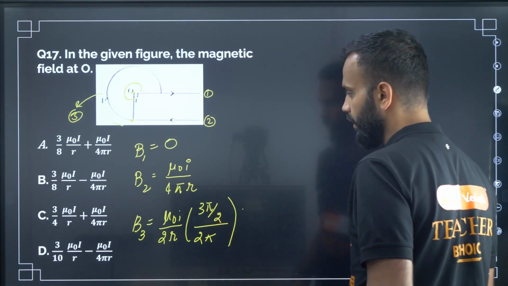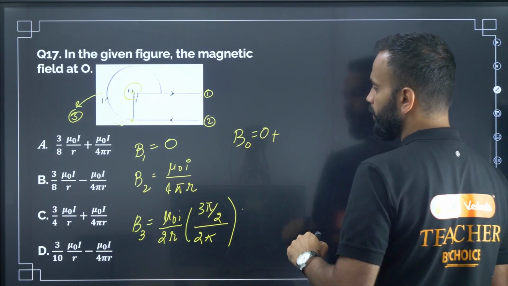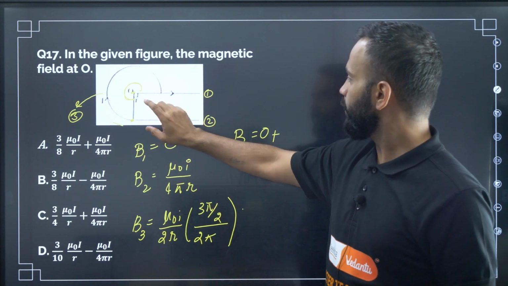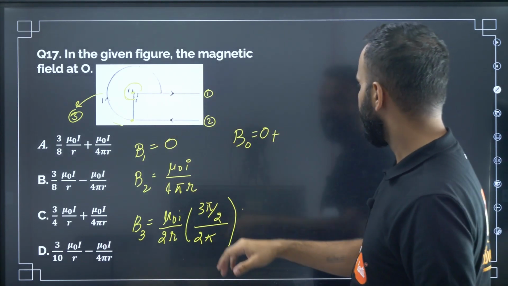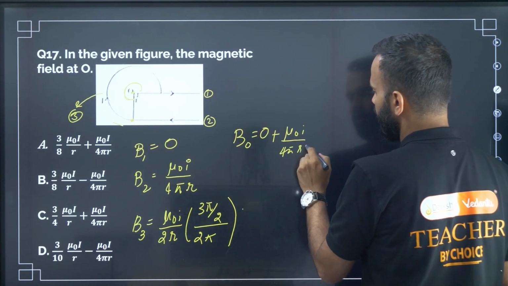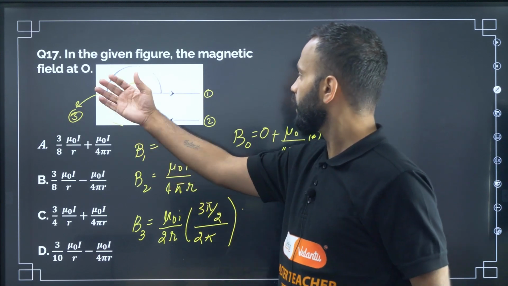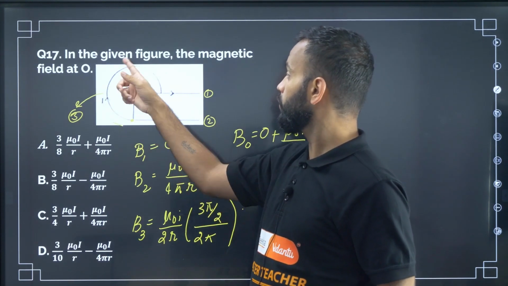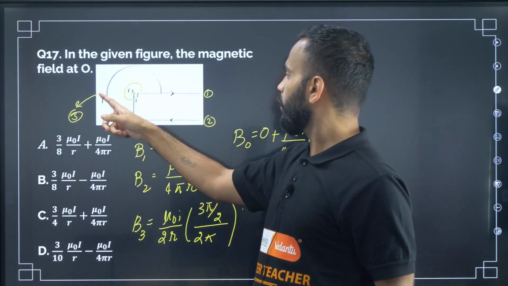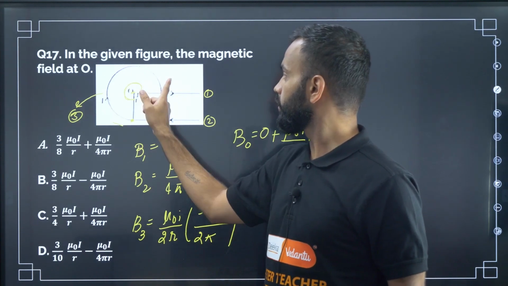Now the net magnetic field at O is equal to B1, that is 0, plus mu naught I divided by 4 pi r. What is the direction of the magnetic field due to the straight or semi-infinite wire? It is into the plane. So mu naught I divided by 4 pi r into the plane, plus the magnetic field at O due to this wire, wire 3.